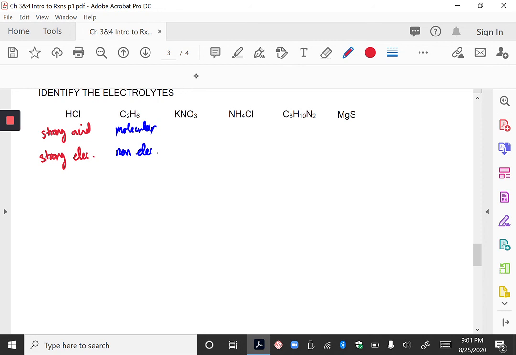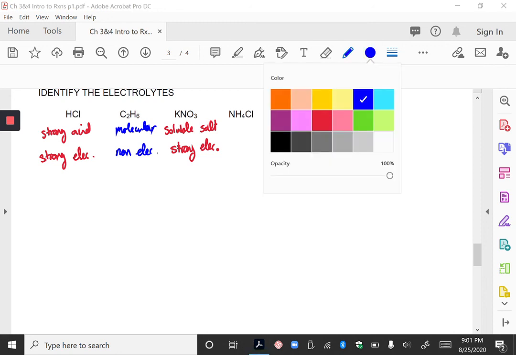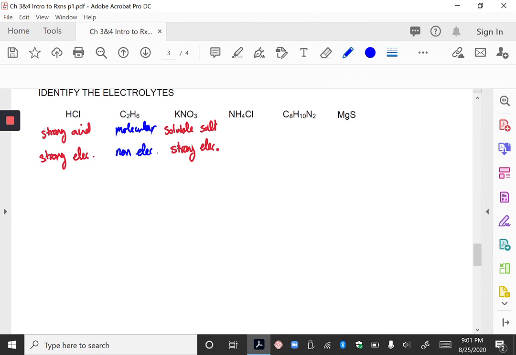And it is soluble. So it's a soluble salt. So that means it's going to be a strong electrolyte. Next one, NH4Cl. NH4Cl is also an ionic salt. It is soluble. So another soluble salt. And so that means it's going to be a strong electrolyte.